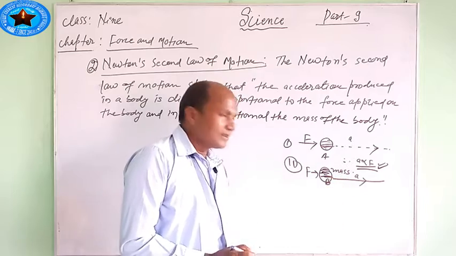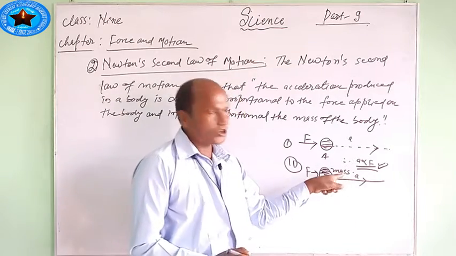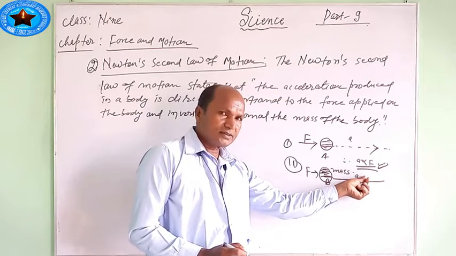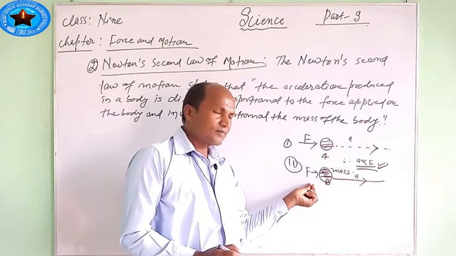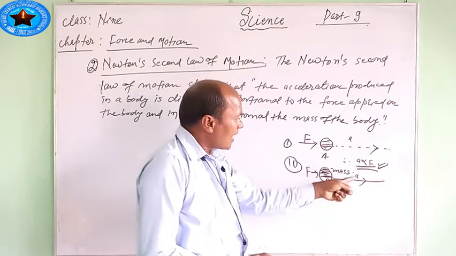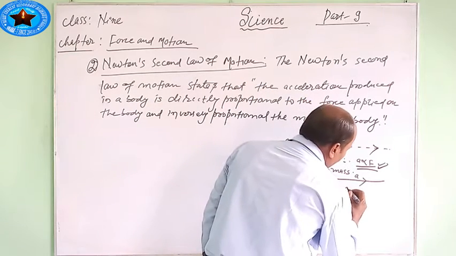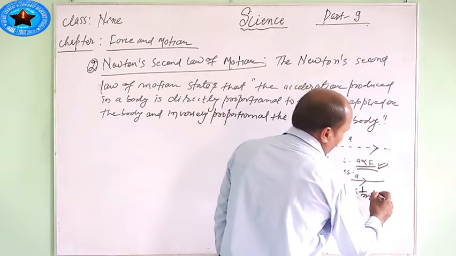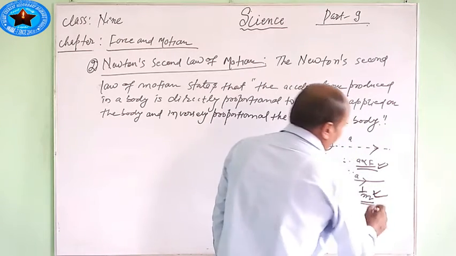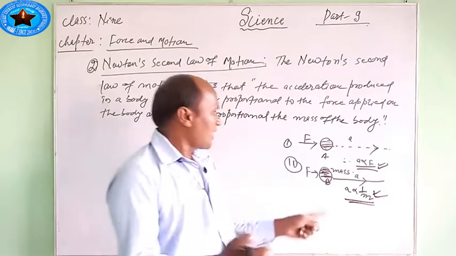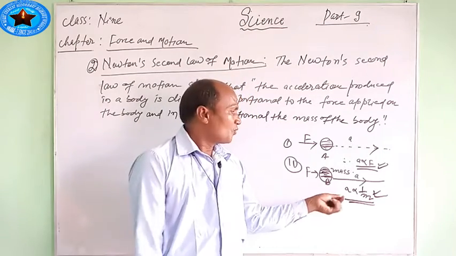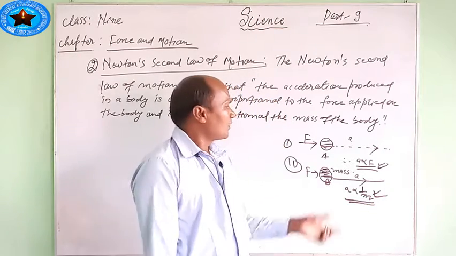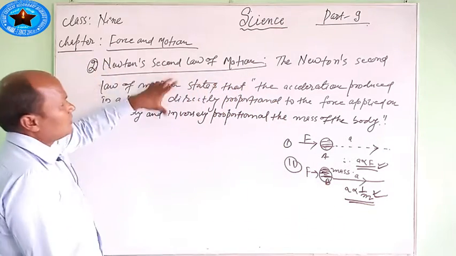It means that as mass increases, acceleration decreases. And if mass decreases, acceleration increases if the amount of force is the same. It means the acceleration produced in this body is inversely proportional to the mass of that body. When mass increases, acceleration decreases. When mass decreases, acceleration increases. This is clear from this statement.